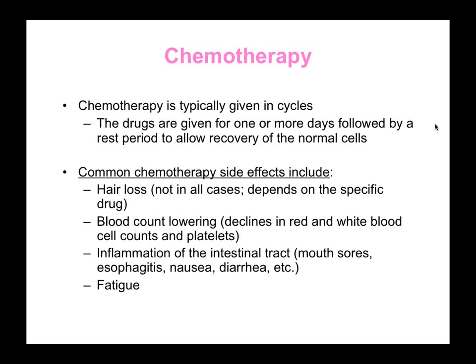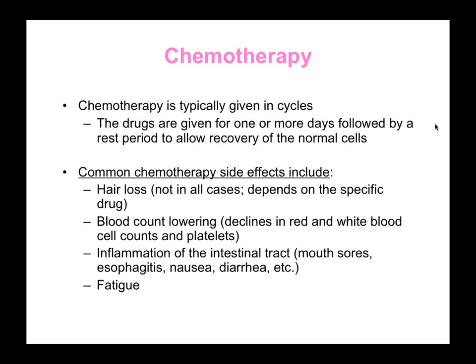So chemotherapy typically will target rapidly dividing cells, so that's how it targets the cancer, but there are other rapidly dividing cells in the body, like the hair follicle, like the blood counts, like the lining of the intestinal tract, for example, and these tissues need to recover before additional chemotherapy can be given. So if you look at the common side effects, hair loss is common, but doesn't happen in all cases. It really depends on the specific drug being used.